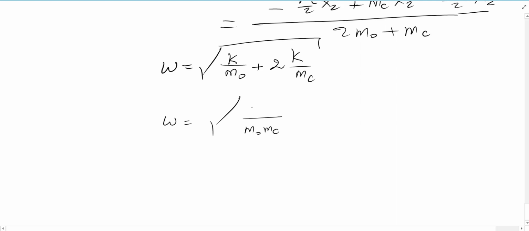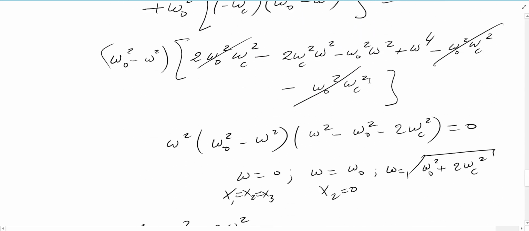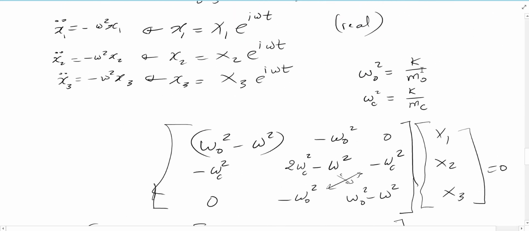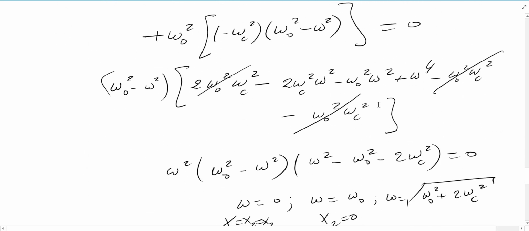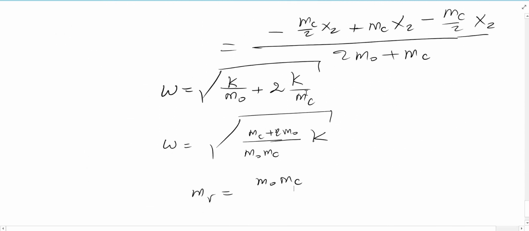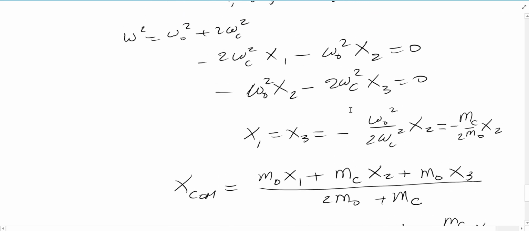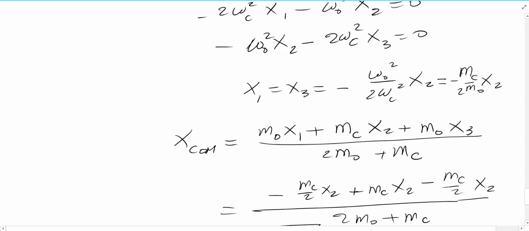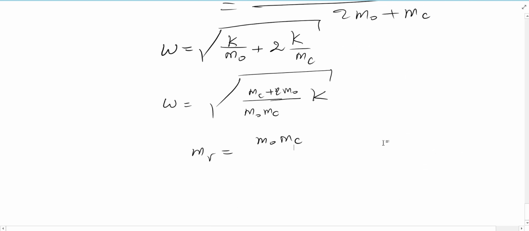MOMC, and the sum of the masses is going to be MC plus 2MO times K. And this is the reduced mass, so MR in this case is going to be simply MOMC over that sum. By the way, this is omega naught squared, as we defined it all the way up there. And the other one is omega carbon, but I have 2 of them in the expression that we found. So that's where that 2 is coming from. And that's exactly the reduced mass.